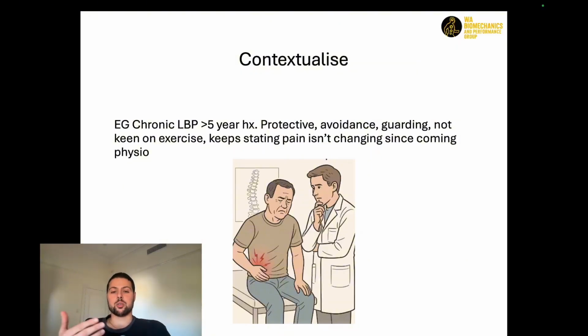They are exhibiting protective behaviors, avoidance. They're guarding lots. They're not keen on exercise. They keep coming in each time they see you saying the pain isn't changing, and they're really pain orientated, pain focused. So it's hard to get the narrative away from there.